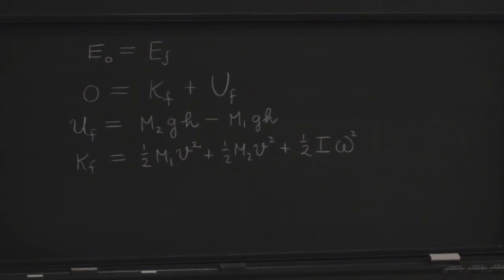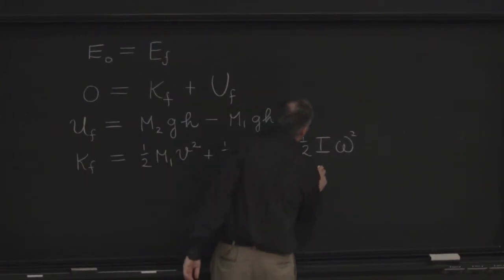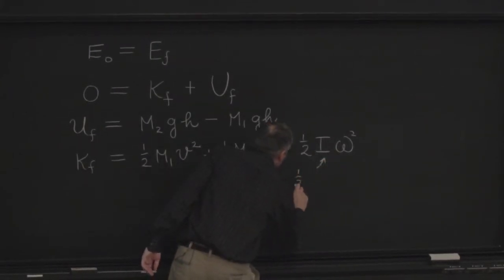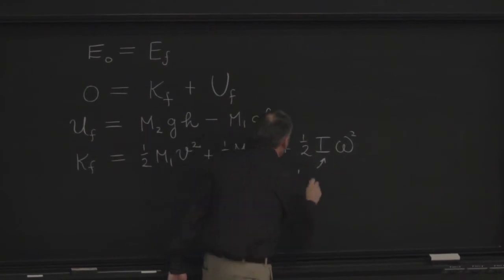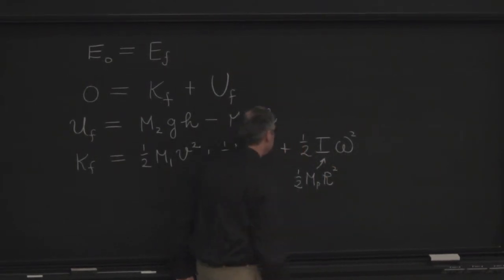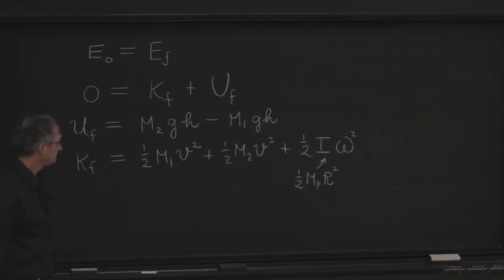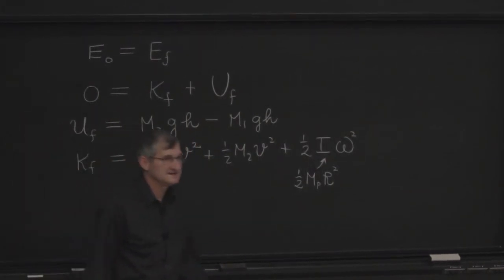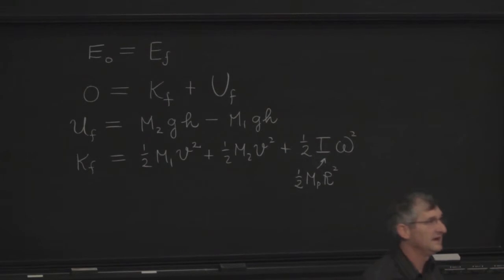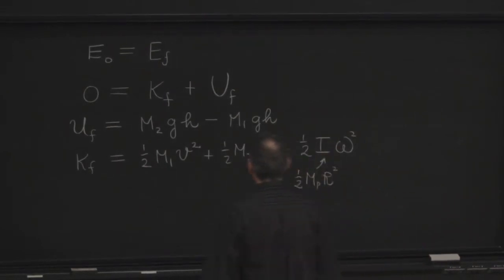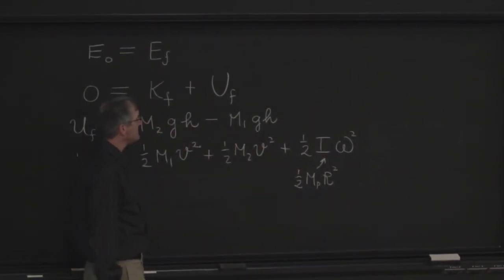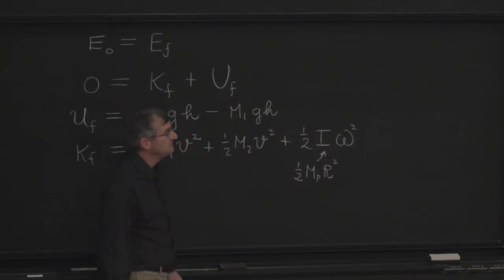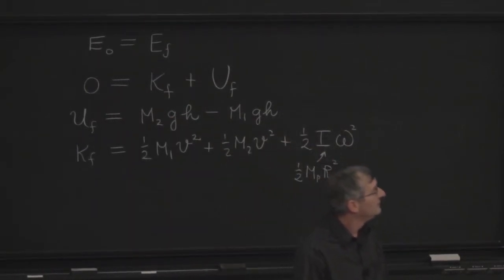We're going to assume it's a uniform disk, so that works out to be 1/2 mp r squared. And this would be great, except that I have both v and omega, and I need to tie those together to simplify. So what's the relationship between v, omega, and r?